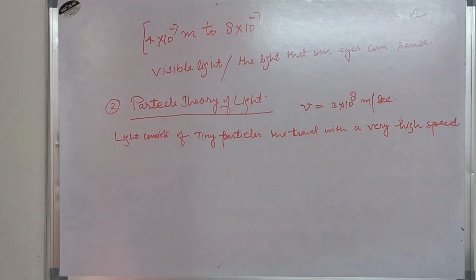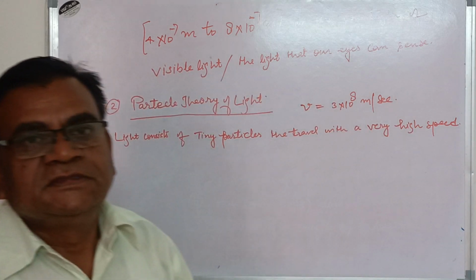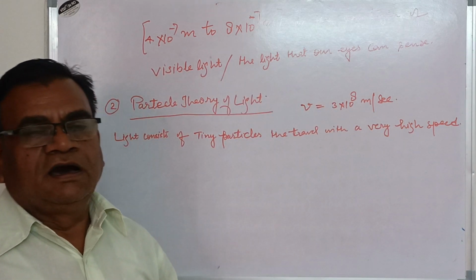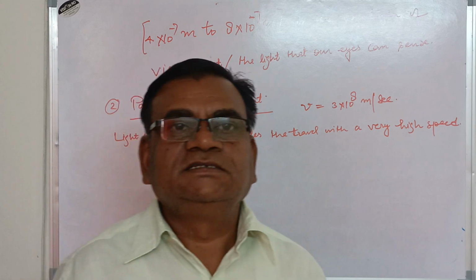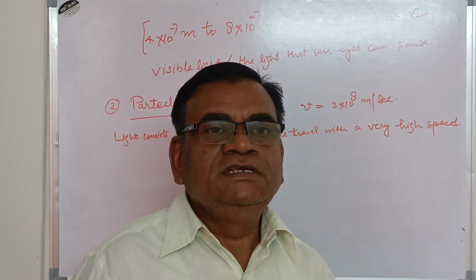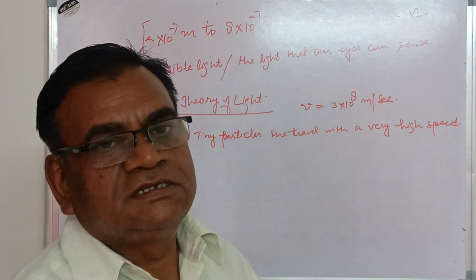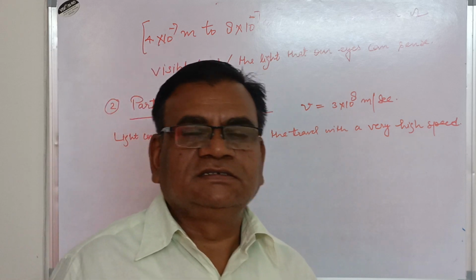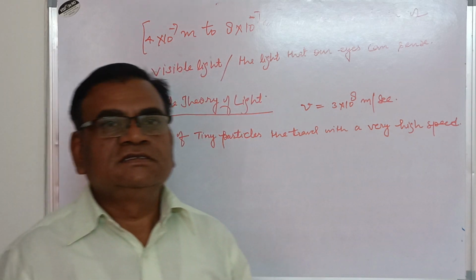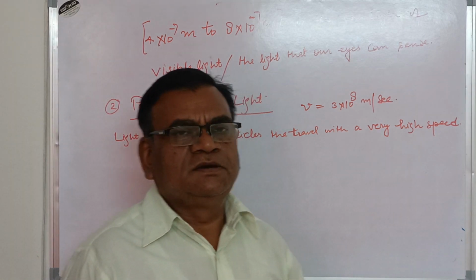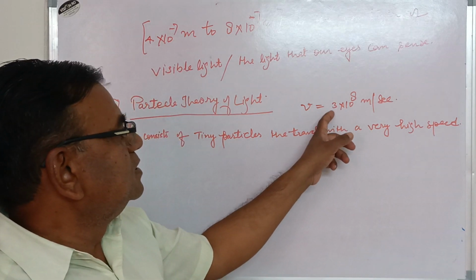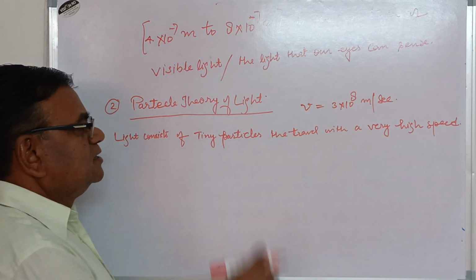Why very high speed, not high speed? Because the things that we use in our daily life, like cars, buses, planes, the speed of these daily use instruments and appliances is very very small as compared to this speed. So it has been called very high speed.